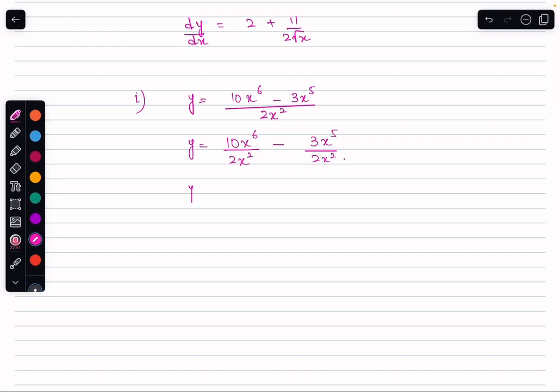Further, I can simplify and write it as 10 divided by 2, which is 5, and x to the power 6 minus 2 giving me x to the power 4, minus 3 by 2, and x to the power 5 minus 2 giving me an x cube.